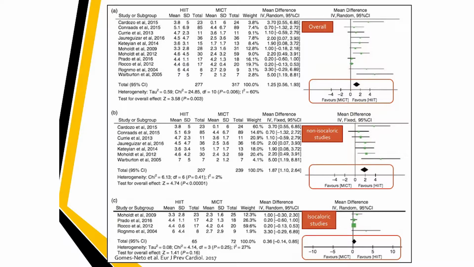If you don't control for diet, you see that your black diamond is more to the right than it was on top. But if you control for diet, which is the bottom panel here, that black diamond goes to the zero marker, as if there are no significant differences.